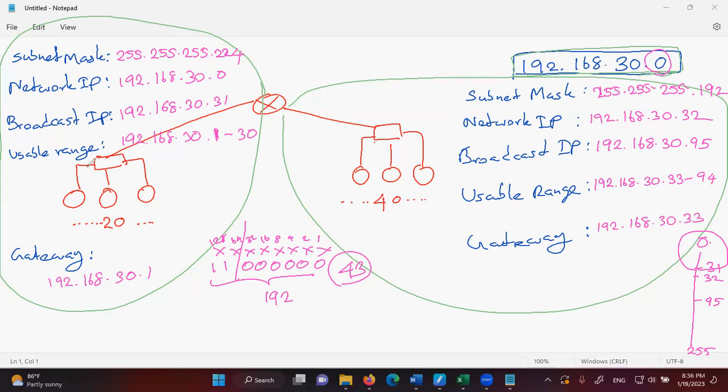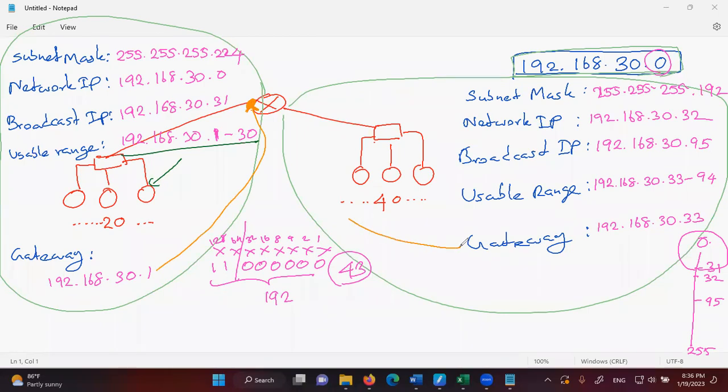here for the computers, we can use any IP address from this block. And the gateway IP will be assigned here. In this method, we put the gateway IP. This IP will be assigned to this point. That is the gateway of the network.